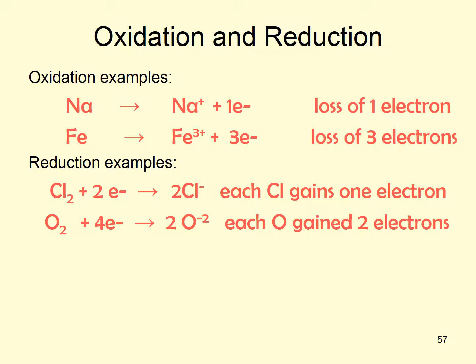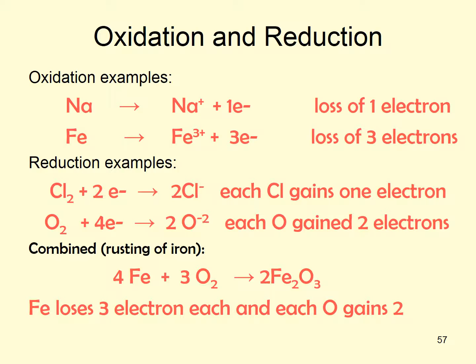So, of course, reduction and oxidation have to go together. So here's an example of the rusting of iron. Each iron loses 3 electrons to become Fe3 plus in the rust. Each oxygen is reduced. It gains 2 electrons to become O-2 in the compound.